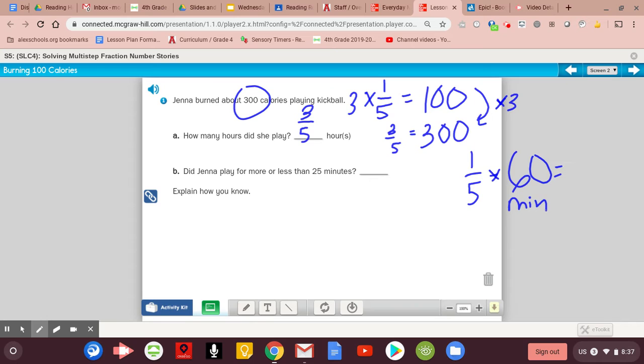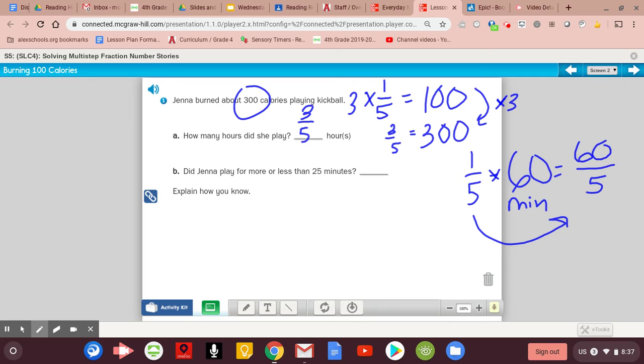So this may seem like a big number, but remember you can cover up that 0 with your head and do 1 times 6. I know 1 times 6 is 6. So then I'm going to add on my 0 again for 60, and then I'm going to move over my 5 for my denominator. So I will have 60 over 5 for how many minutes, but I'm going to simplify this to see.